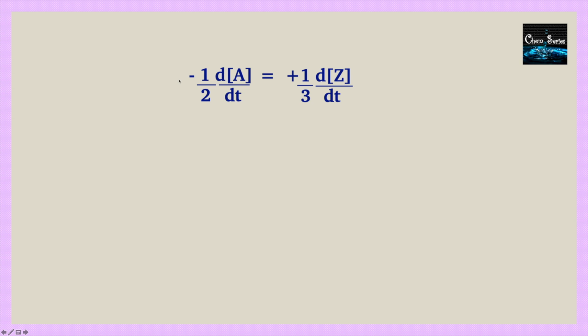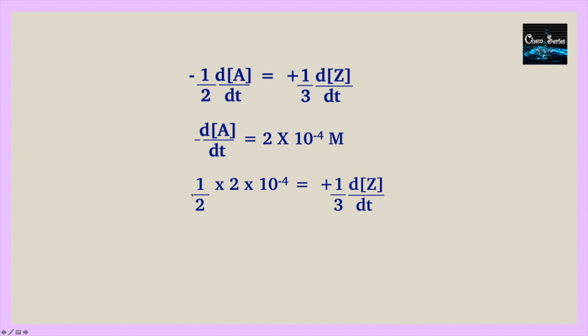Minus 1 by 2 dA by dt is equal to plus 1 by 3 dZ by dt. That is the rate, right? Now we know that minus dA by dt is equal to 2 into 10 power minus 4 molar concentration. So 1 by 2 into 2 into 10 power minus 4 is equal to 1 by 3 dZ by dt.